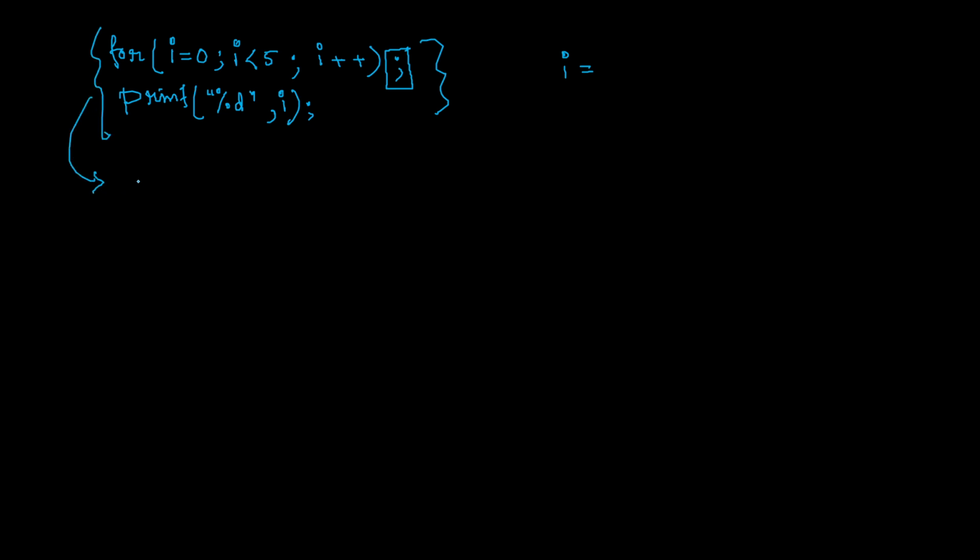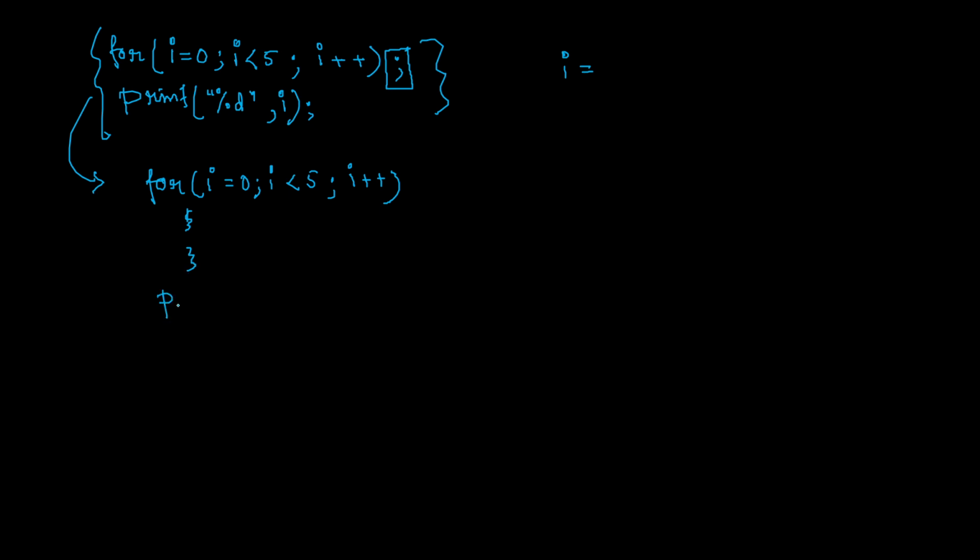If you remove this semicolon, it will be represented something like for I equal to 0, I lesser than 5, then I plus plus, and within the for loop there is nothing, right?